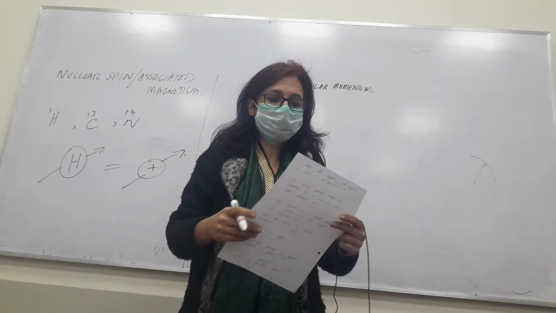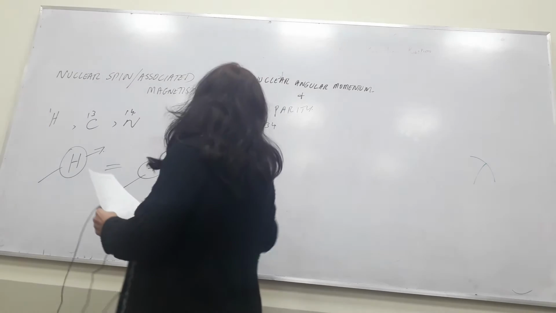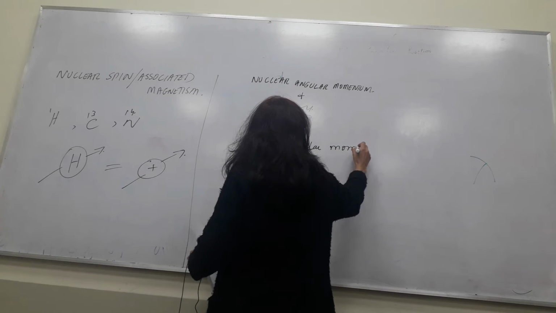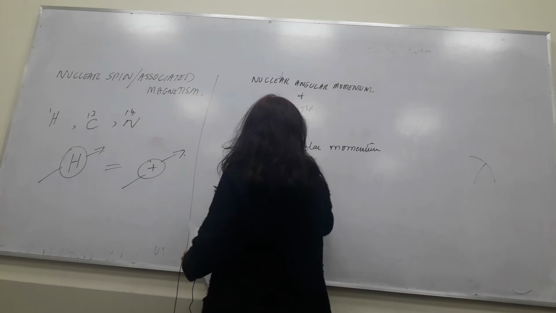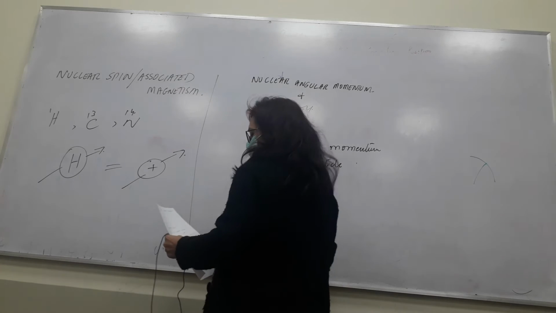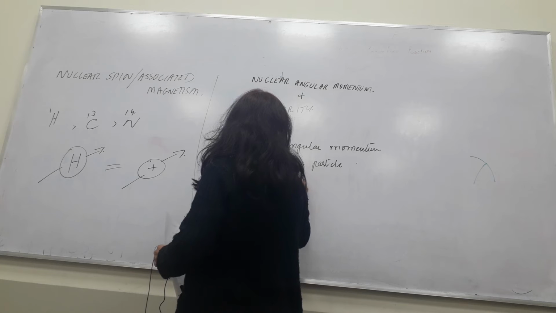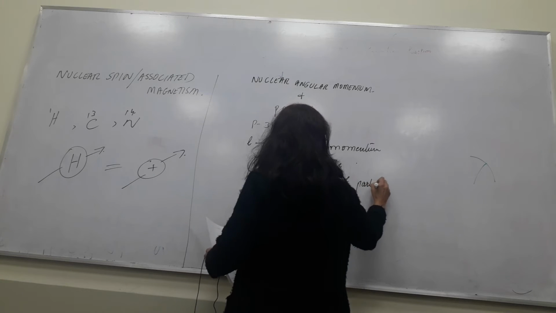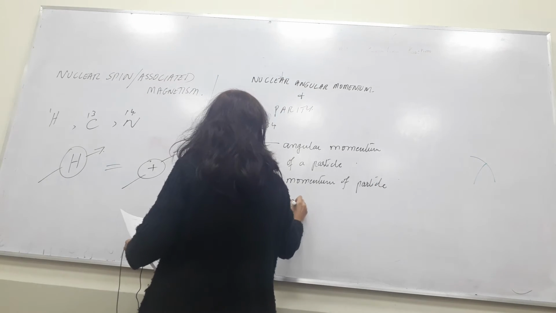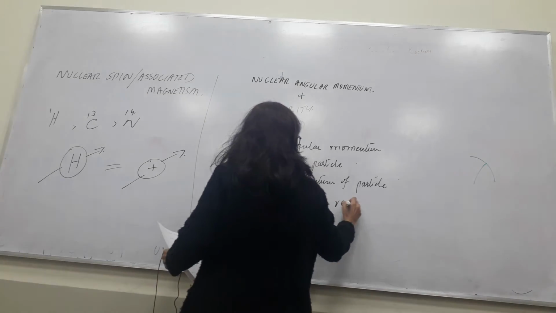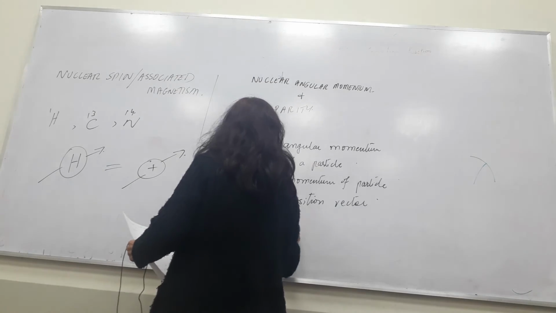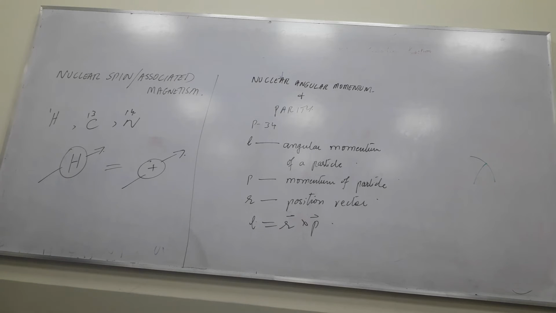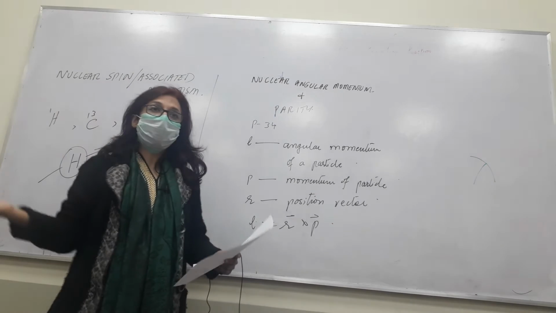In classical physics, L is the angular momentum of a particle, P is the normal momentum of a particle, and R is a position vector, and we have the formula L equals R cross P. I am trying to relate this concept to what we already know.